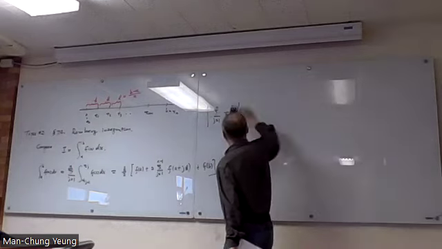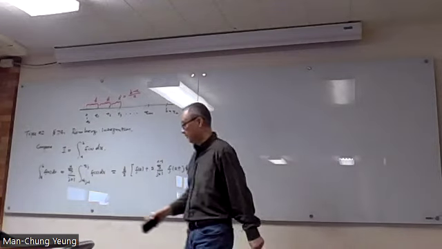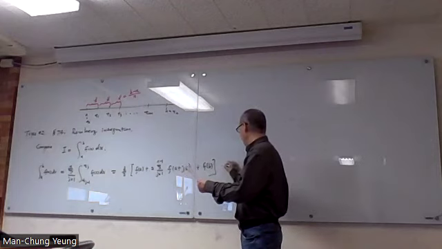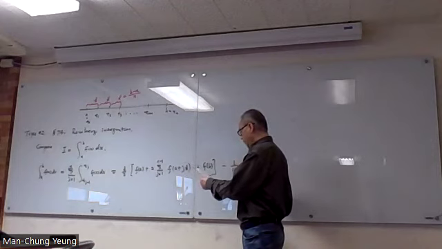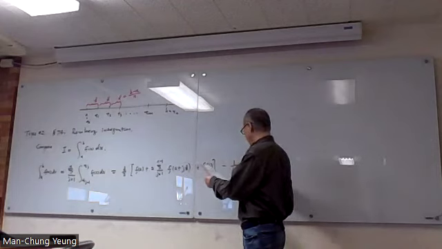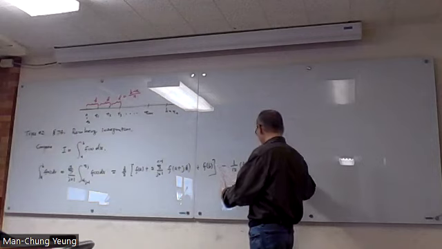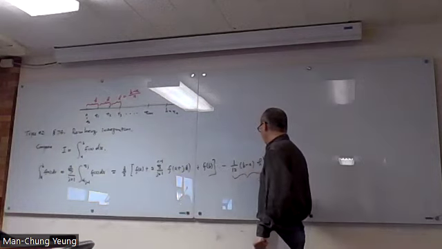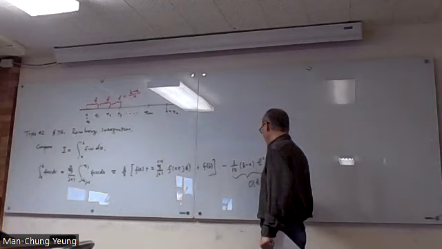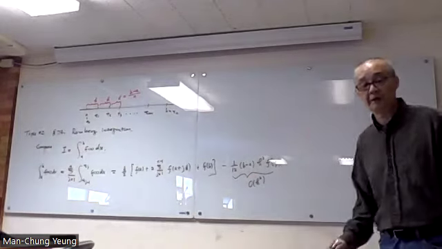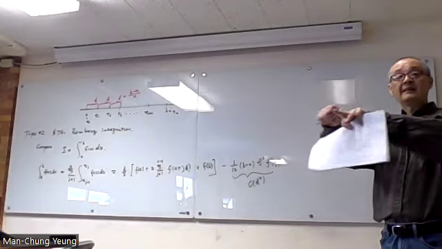Then what is the error? The error is here: minus (b minus a) over 12 times h squared times the second derivative. This is an order h squared method, an order two method. h is arbitrary.